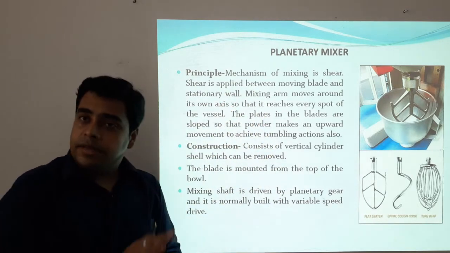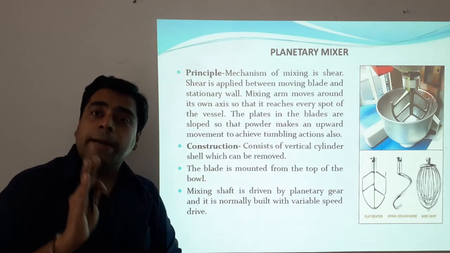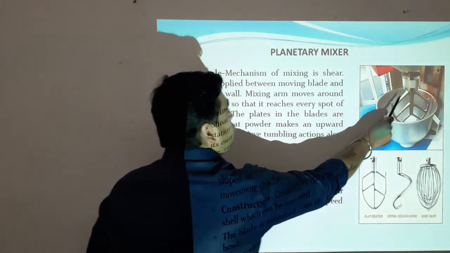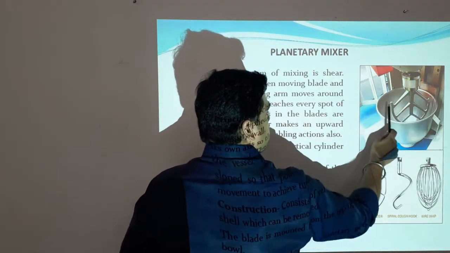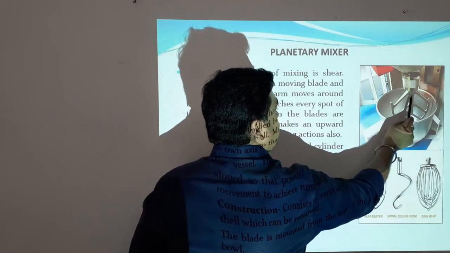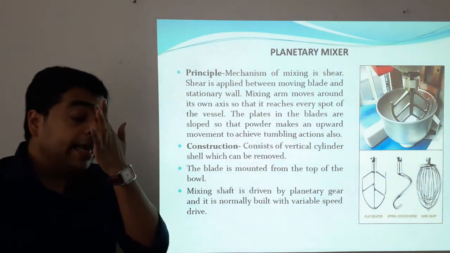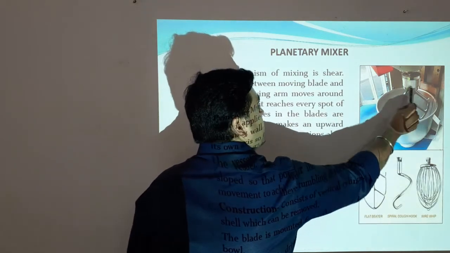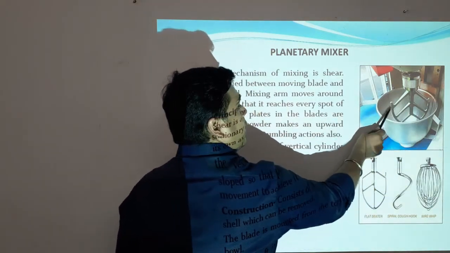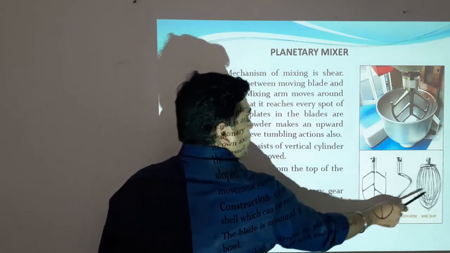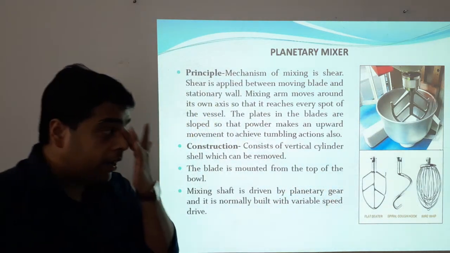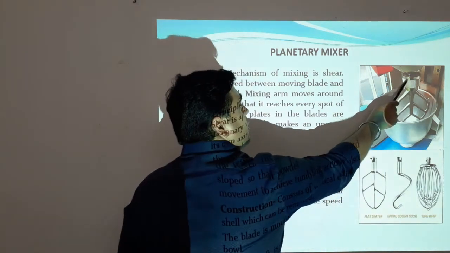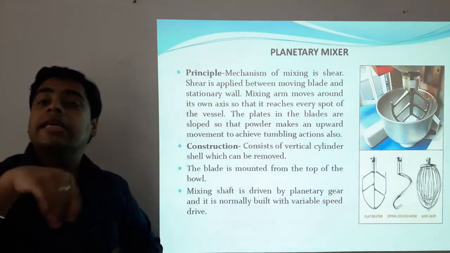The principle of mechanism is definitely shear. Shear is applied between the moving blade. This is the attachment, a simple trough is here, and this is the moving blade, and the blade can move everywhere in the trough. Blades of different shapes can be obtained as attachments, and these blades can move anywhere inside the trough.